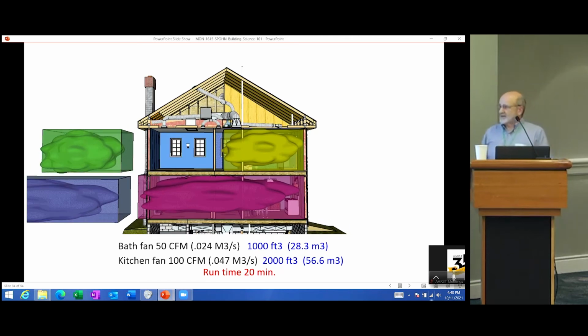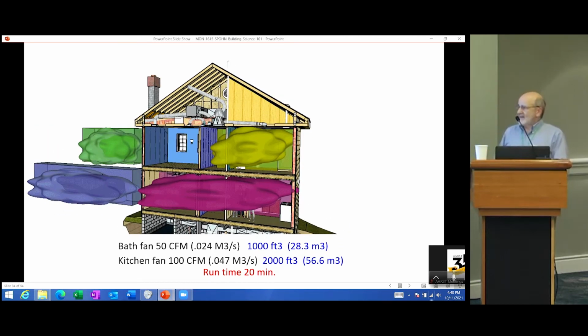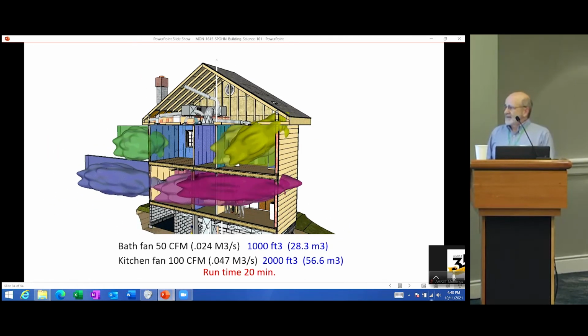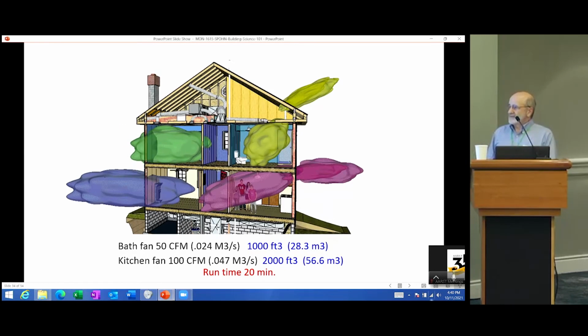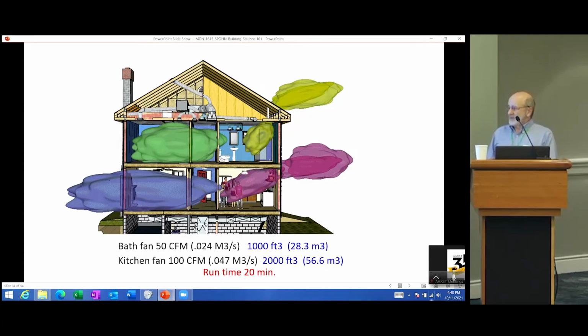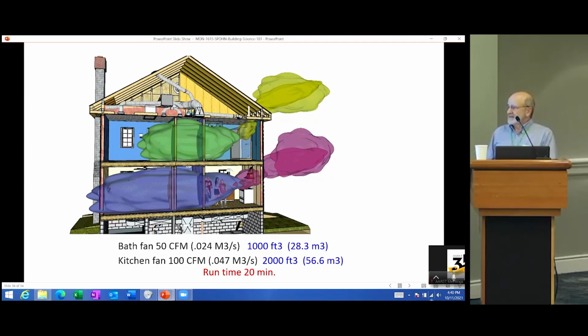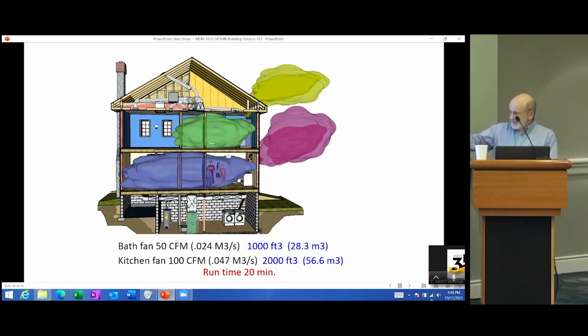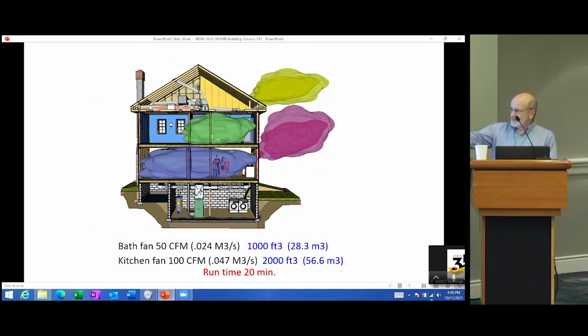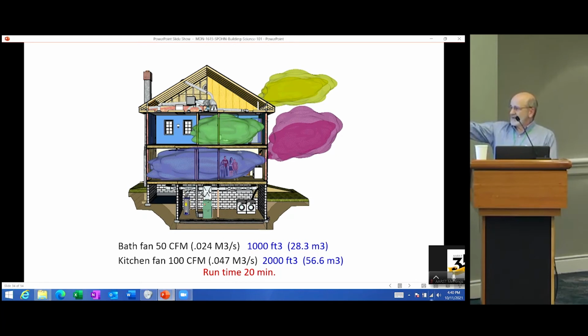Now we're going to do an illustration of a bath fan and a kitchen fan and give you an idea of the volume of air that can be pulled through when running for 20 minutes. So it's a 50 CFM bath fan times 20 minutes, 20 times 50 is 1,000 cubic feet of air, and a kitchen fan at 100 times 20 minutes is 2,000 cubic feet.